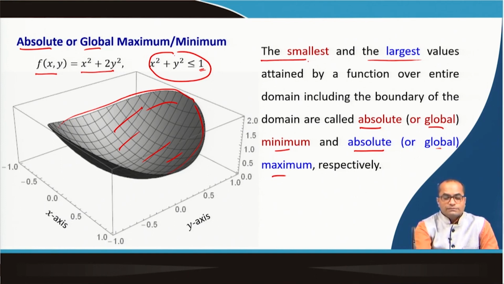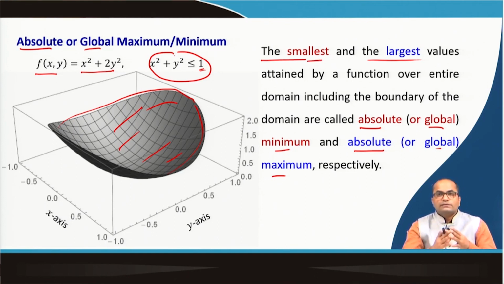So, if we have the smallest value attained by a function over the entire domain, including the boundaries, if the boundary is included in the domain, such value we call a minimum, global minimum or absolute minimum, and the largest value attained by a function over entire domain including the boundary is called then absolute or global maximum.